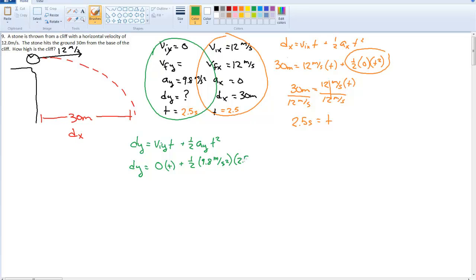So that's 2.5 seconds squared. 0 times t is going to be 0. 1/2 times 9.8 is going to be 4.9, but then we have to multiply that by 2.5 squared. So let's see. 2.5 times 2.5 times 9.8 times 0.5. So in the end, I'm getting dy is equal to 30.6 meters.